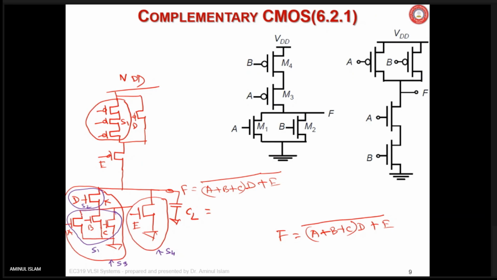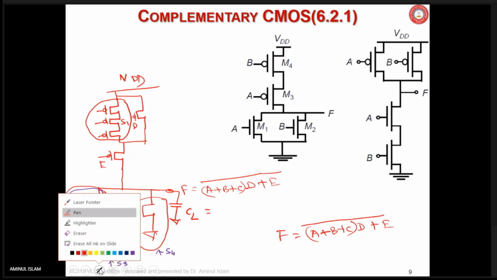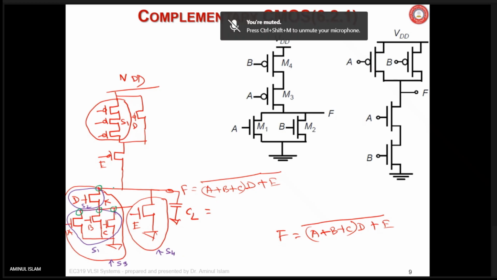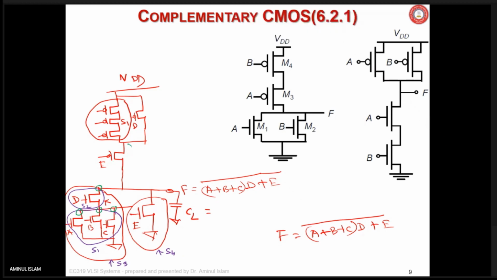If I put this subnet S1 here in place of S2, you will have the drain diffusion capacitance of this transistor, this transistor, and this transistor, whereas here you have only one transistor. This is the reason. Similarly, if I put this up here and this one down, then you will have the drain diffusion capacitance of this one and this one.